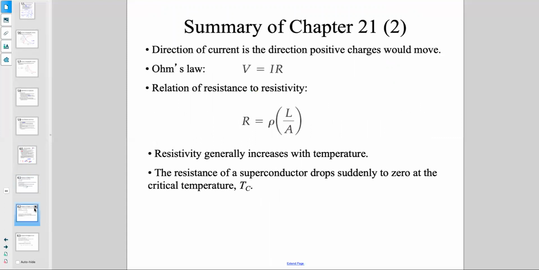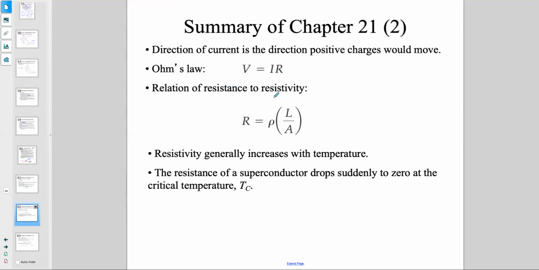The direction of the current is the direction positive charge would move. We actually know that the positive charge does not move, but this is the conventional current that we use. Ohm's law states V equals IR, or the voltage across a resistor or a device equals its resistance times the current going through it.